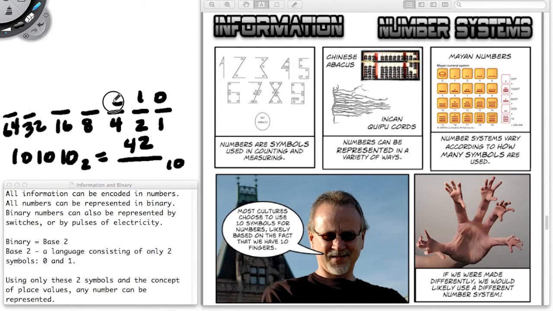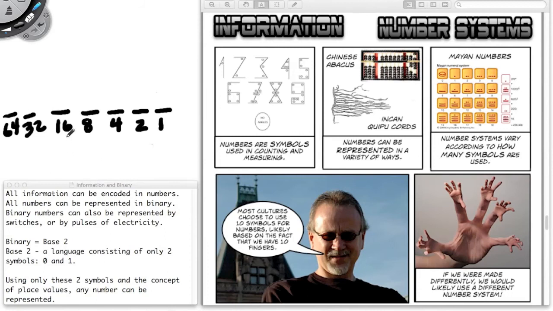If we can work the other way, we can sort of convince ourselves that any number that can be represented in base 10 could be represented in binary. And if that's the case, then all the information that we're looking at in this chapter could be represented with 1s and 0s.